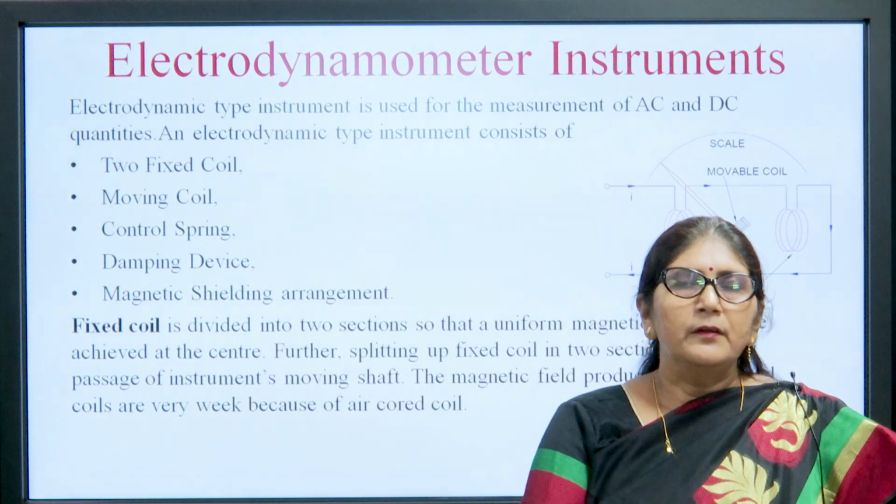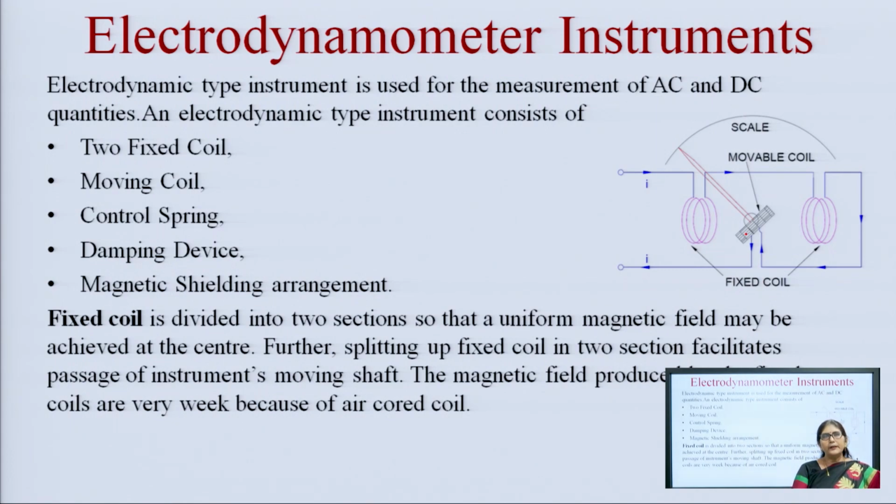Now, in this lecture I will cover only the electrodynamometer type wattmeter, and in the next lecture I will cover the induction type wattmeter. Before going to the construction and working of the electrodynamometer type instrument, first we have to see the basic principle of the electrodynamometer type instrument.